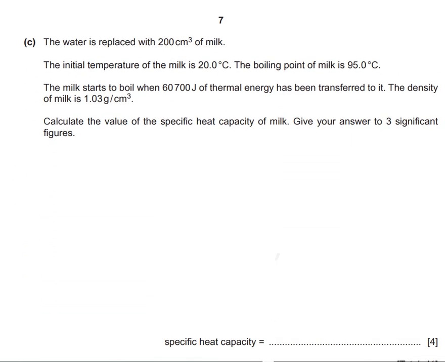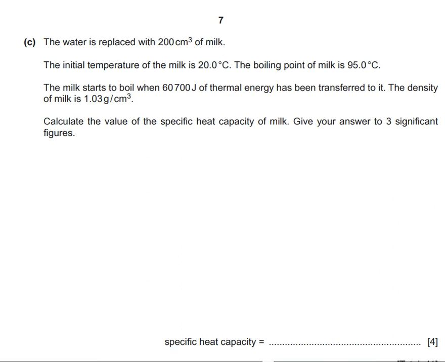Part C, water is replaced with 200 centimeter cubed of milk. The initial temperature of milk is 20 degrees Celsius and the boiling point of milk is 95.0 degrees Celsius.